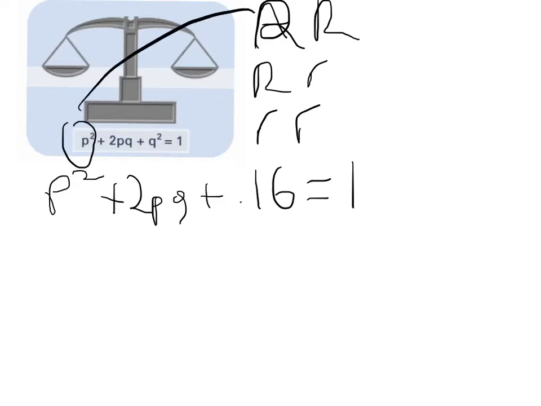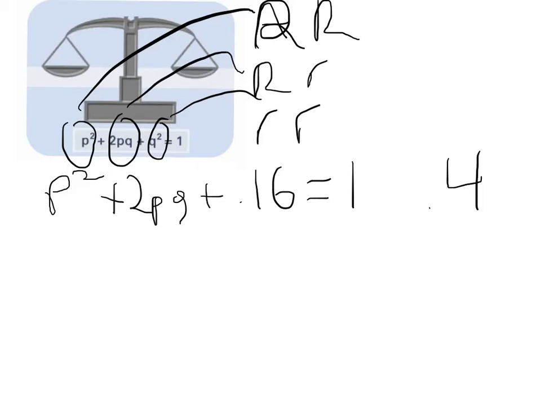So what we're looking at is not q itself, it is q squared. So we need to find the square root of 0.16, which will be 0.4.